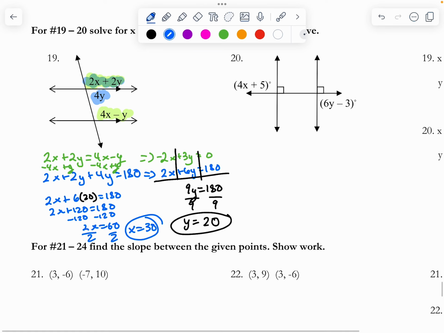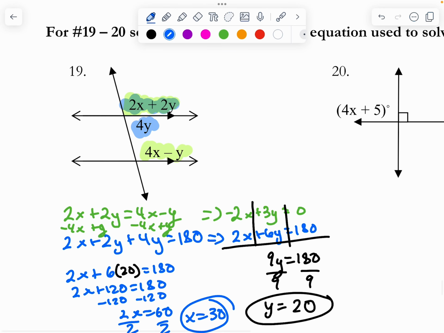So if we were to plug these in, right, x is 30, y is 20, then 2 times 30 is 60, plus 2 times 20 is 40, we get 100, and then 4 times 20 is 80, so hey, that was 180, right?